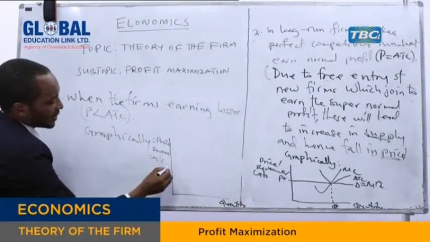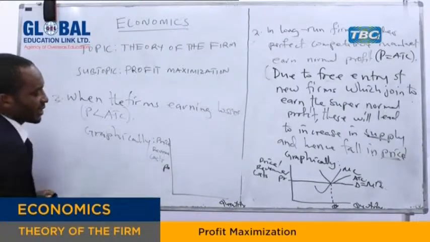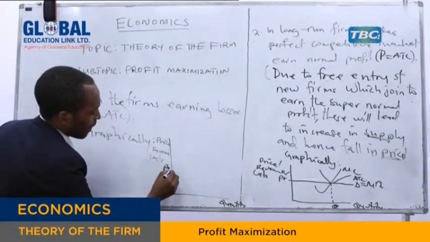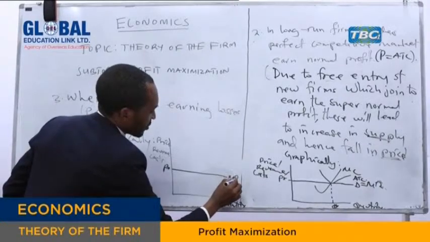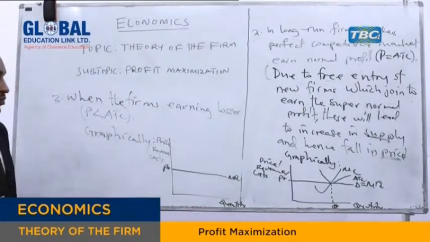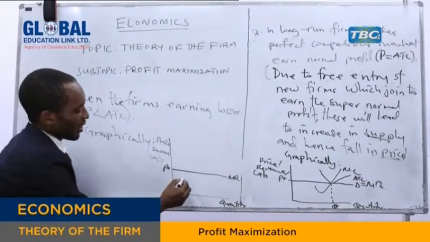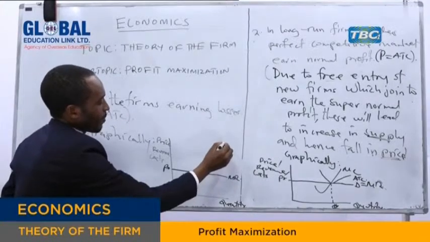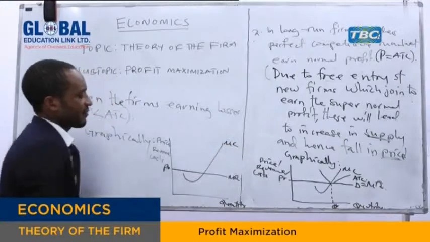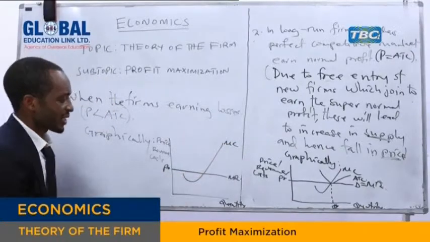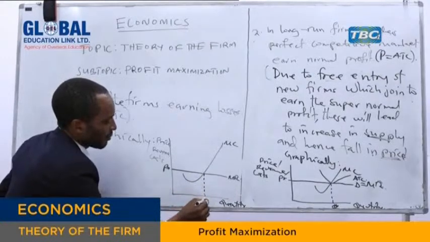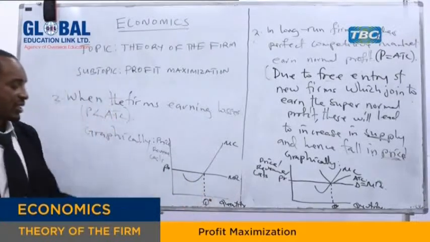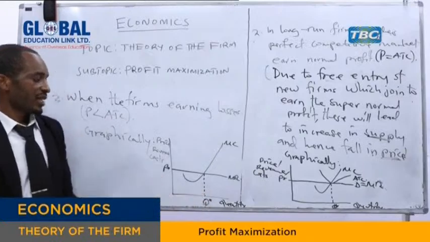We know that the price is constant, and we said the price is equal to marginal revenue. Also the marginal cost curve cuts the marginal revenue at this point. So the maximizing level of output is this one.